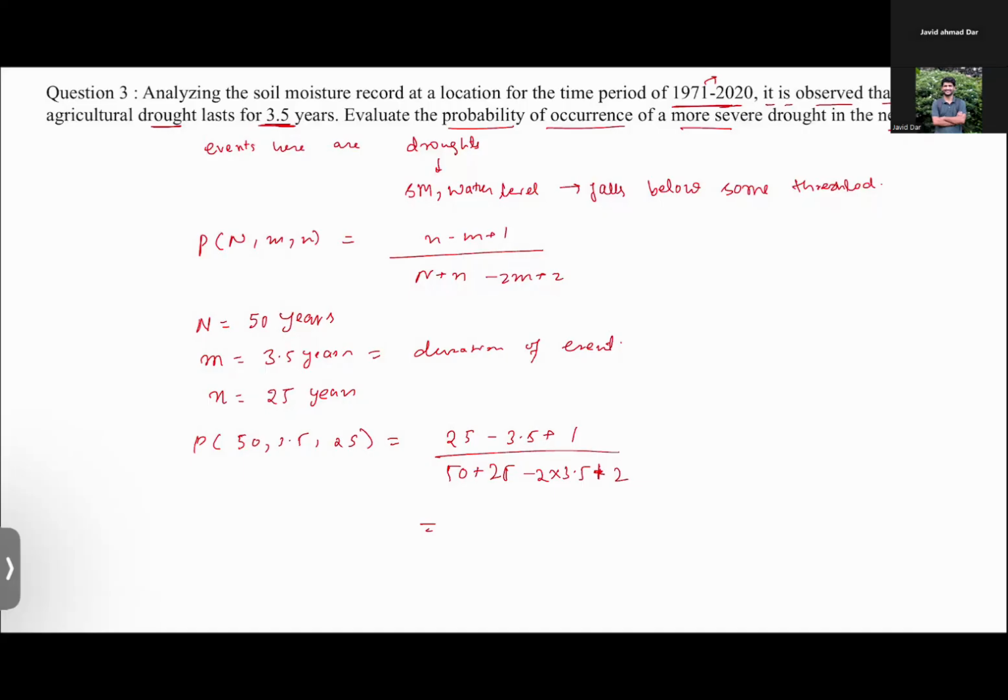So this will be roughly 22.5 divided by 25 minus 7 plus 2, which is 17... so the probability of occurrence of a more severe drought in the next 25 years will be 32%. So any doubts on this? If not, then we can start with the second method, which is the risk analysis.